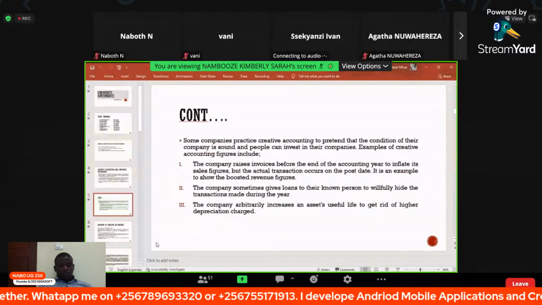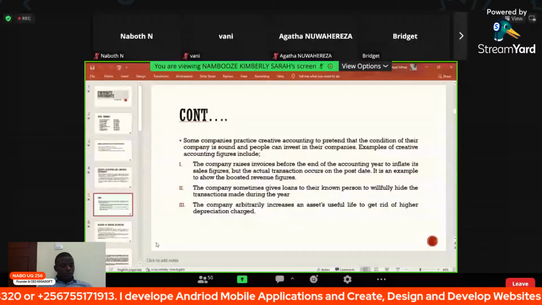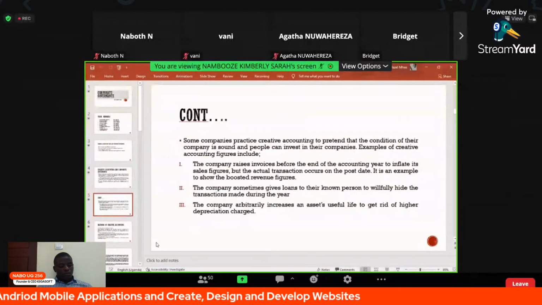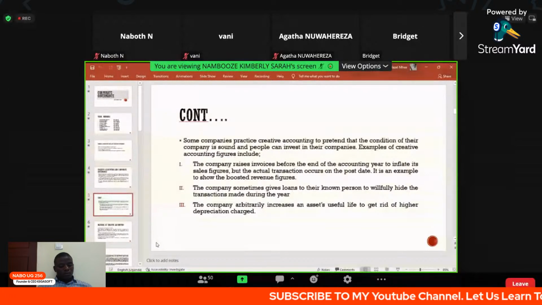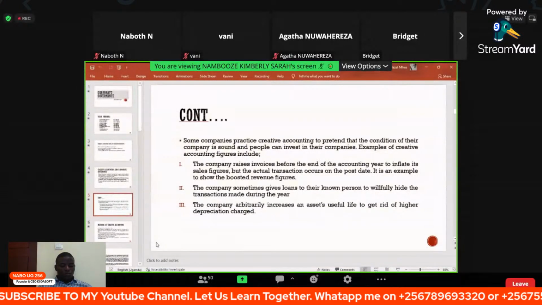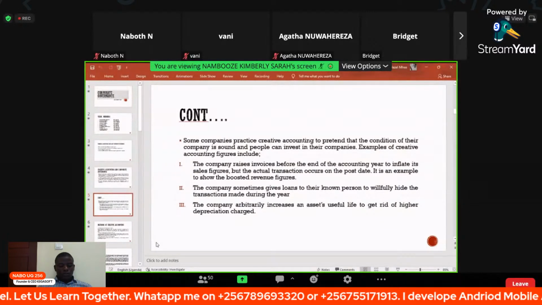They do this to make the government not put a lot of taxes on their companies in order to make more profits. And more so, we are seeing the company raises invoices before the end of the accounting year to inflate its sales figures, but the actual transaction occurs on the post date.